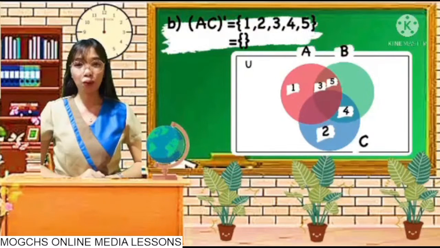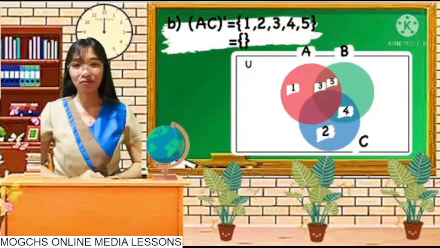For A C prime, that are elements 1, 2, 3, 4, and 5. Thus, we have a null set or an empty set.